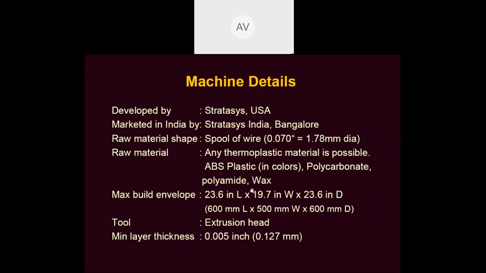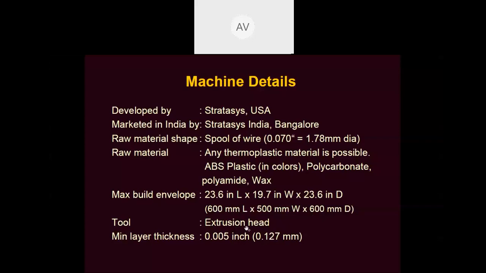The maximum build is on this plate area, 60 mm length, 500 mm width and 600 mm diameter. So this is the maximum build envelope we can build on that machine.